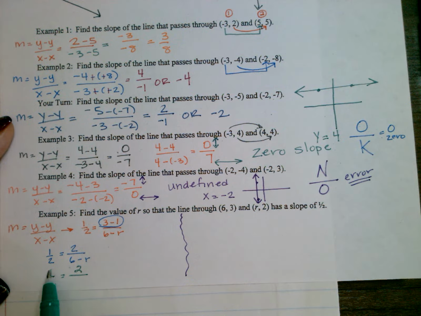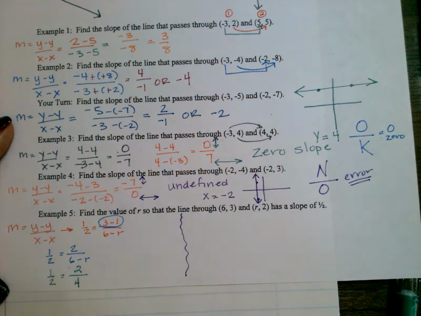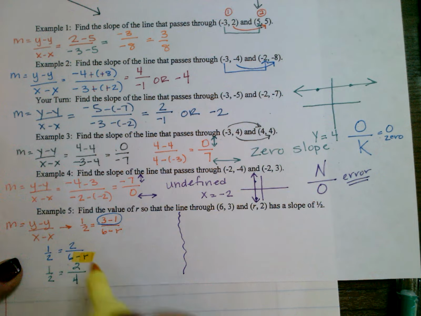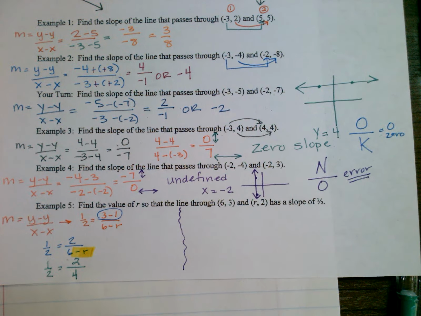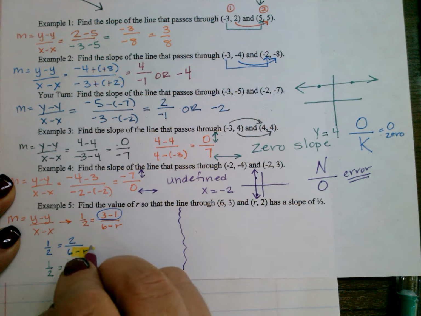So that means 1 over 2 would be the same as 2 over 4. So what would I need to have for r so that when I'm done simplifying, 6 minus what will get me 4?